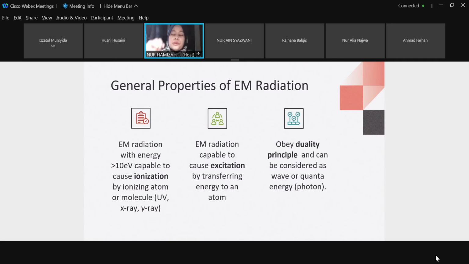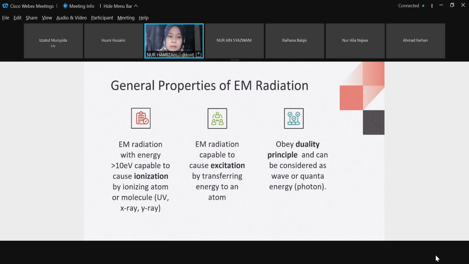That means they are able to interact with the electron and eject the electron inside the atom, so that the atom becomes ionized. And excitation, the radiation that interacts with the atom just transfers the energy so that the electron moves from the ground level to the excitation level.